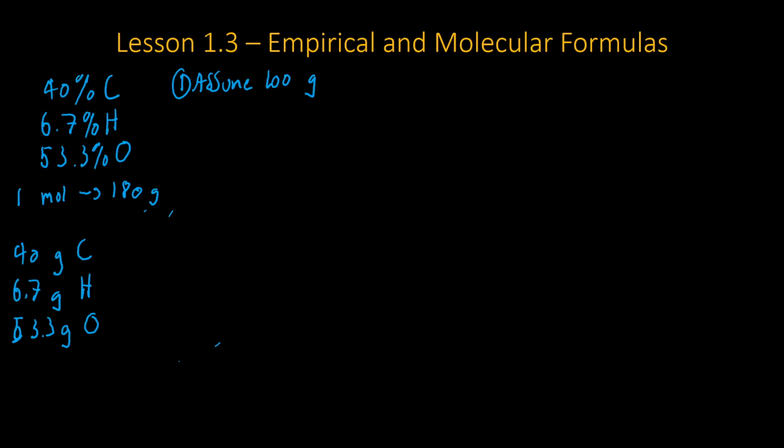For carbon, its molar mass is going to be 12.01 grams per mole. For hydrogen, it will be 1.01 grams per mole. And for oxygen, it will be 16.00 grams per mole.